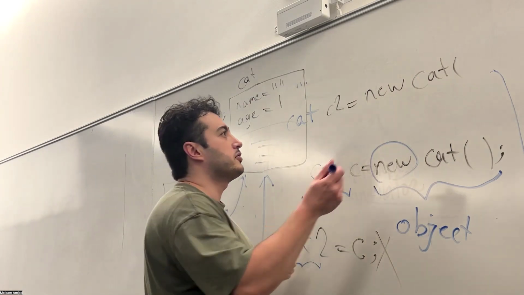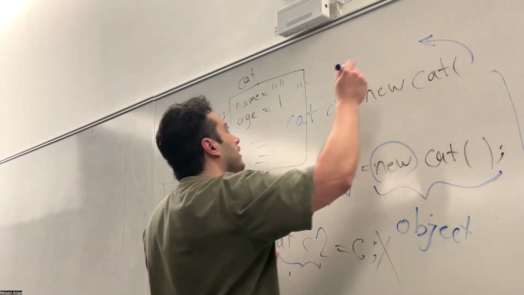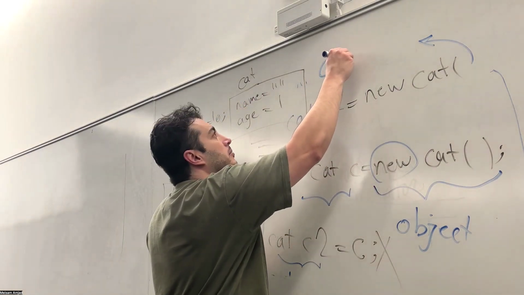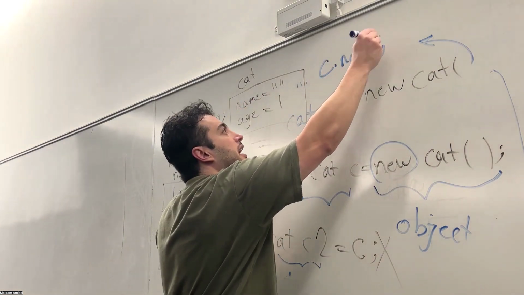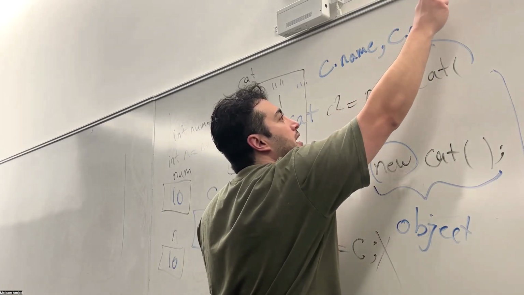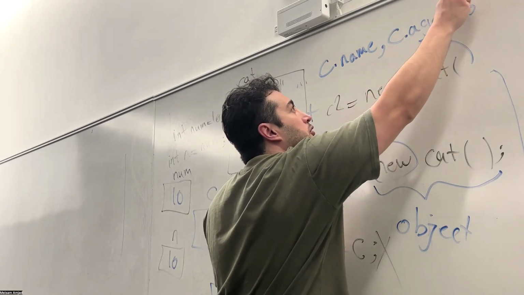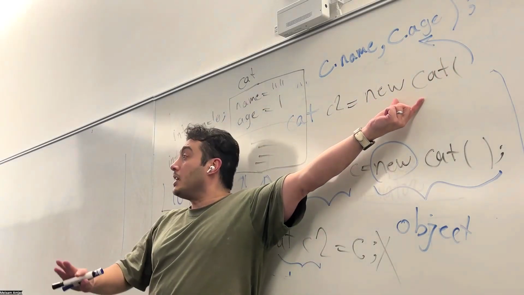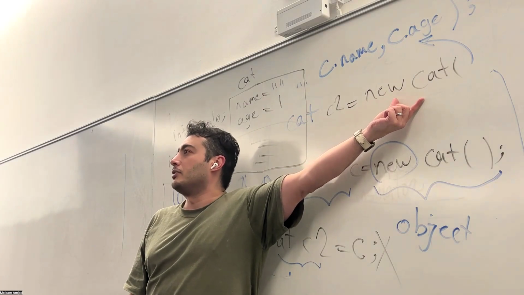Here it's going to be c.name, which I'm going to use as the name, and c.age, which I'm going to use as the age, and then I'm going to use those values to create a separate independent cat object.